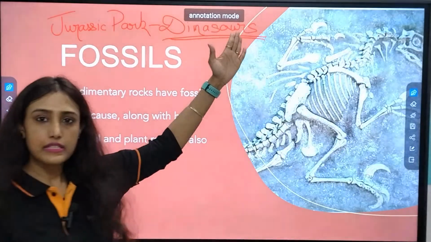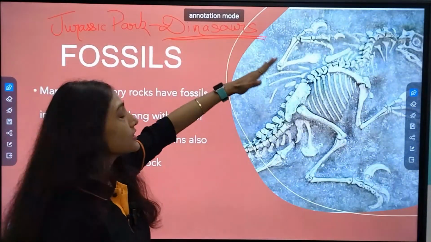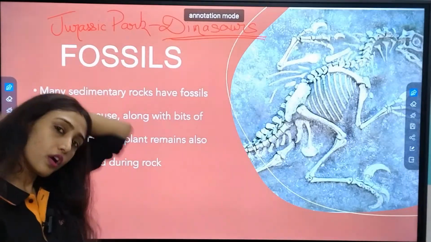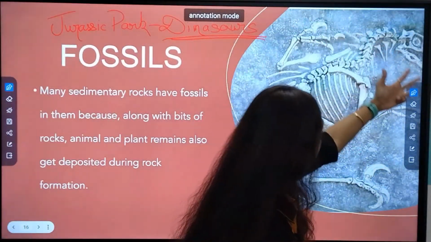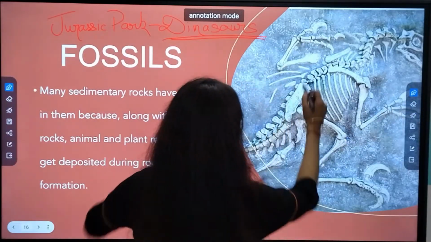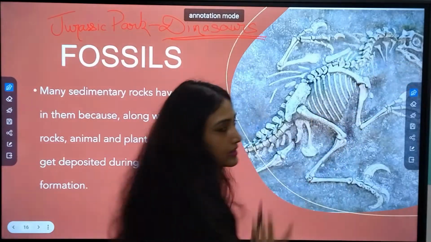So do dinosaurs exist with us? No. They used to exist long back ago. Now we can see only this fossil. What is a fossil? Just see, the remains of the bones of a dinosaur.